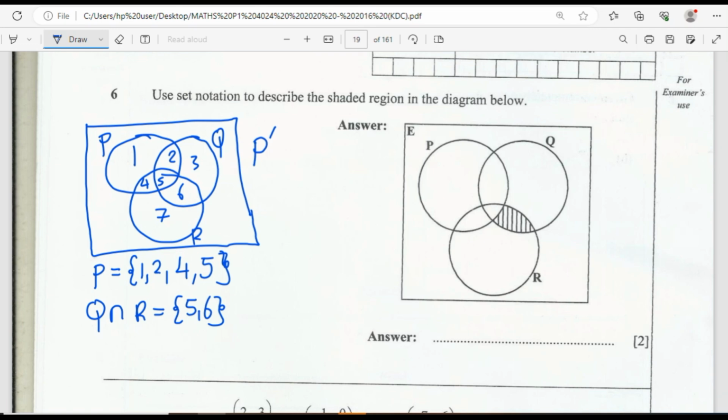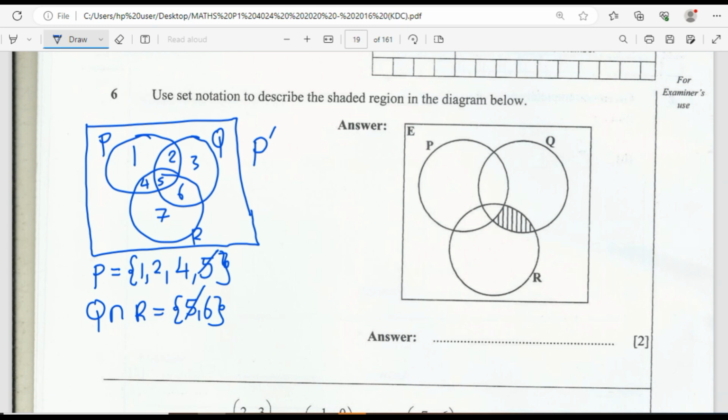Intersecting, so every element in P is not needed. Whether it is found in P or Q intersecting R is not needed. So which element is found in P and intersecting Q and R? We can see that 5 is common. So let's remove 5.